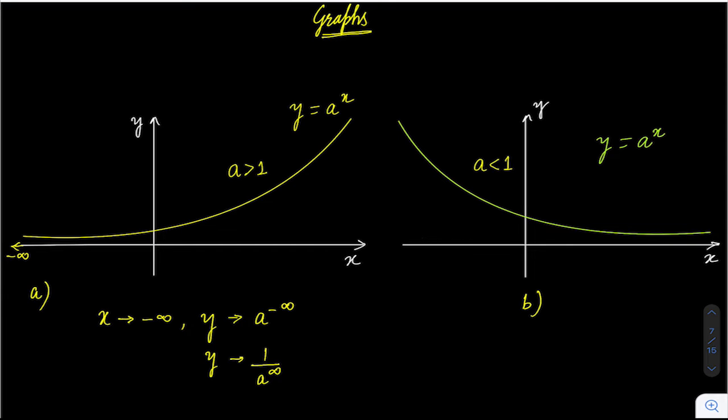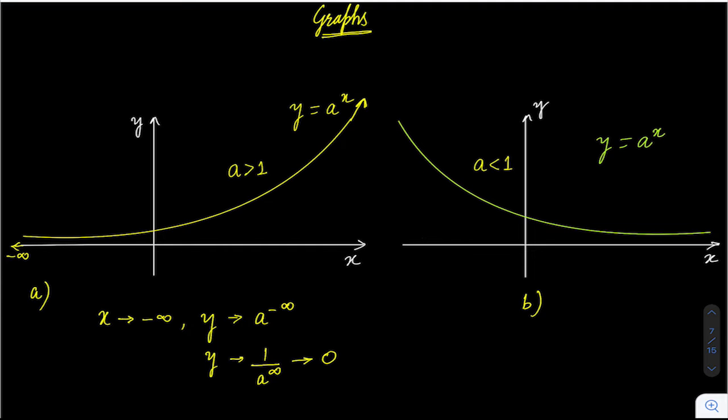Because a is greater than 1, a^infinity will be a very large number, so 1 over a very large number approaches 0. And when x is infinity, a number greater than 1 to the power infinity is infinity, a very large number. So the graph looks like this.